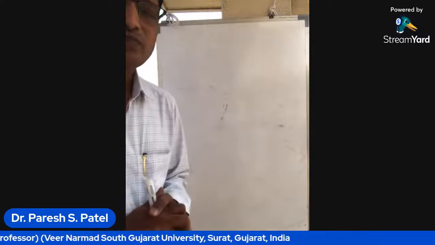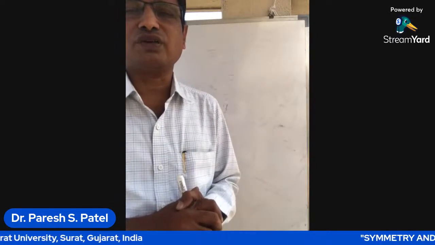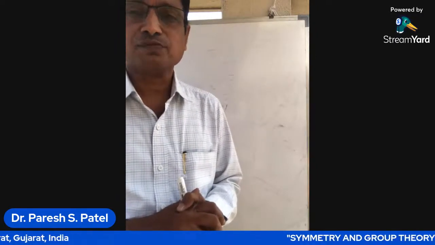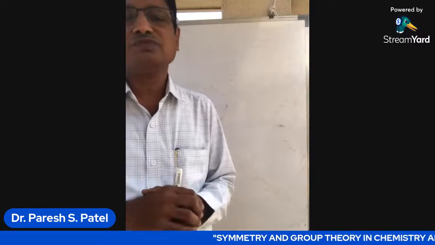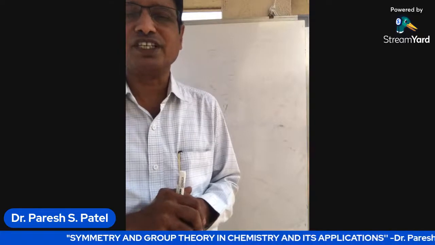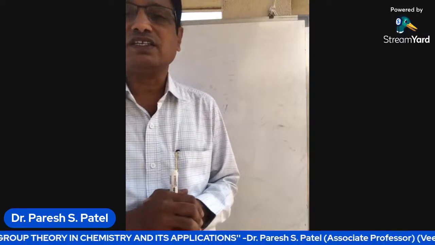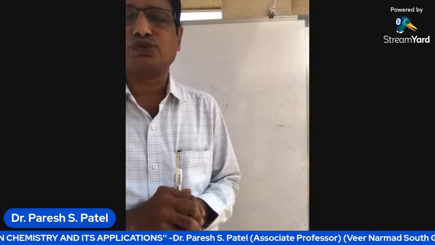So this is the similarity transformation, or we can say this is how to find out the class of any representations. Now we are going to the another title of our unit, and this is the most important title for our syllabus. The name of the title is matrix representations for the different symmetry operations.